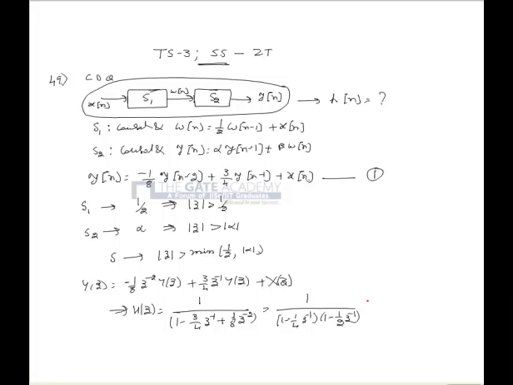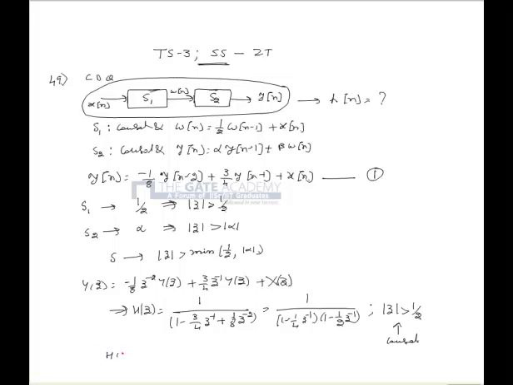From this, we see that the ROC should be modulus z greater than half because the system is causal. As individual systems are causal, the overall system will also be causal.